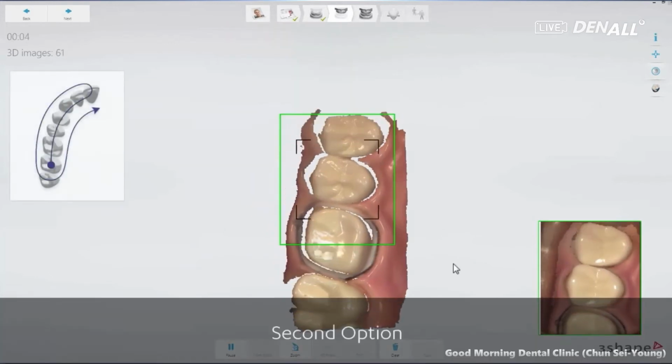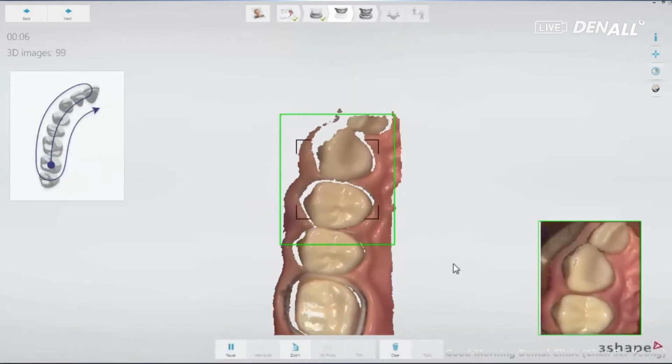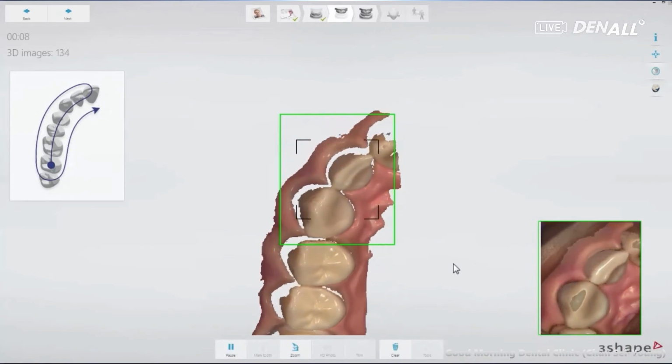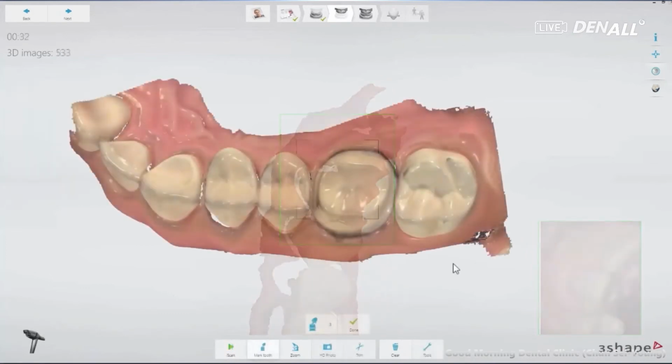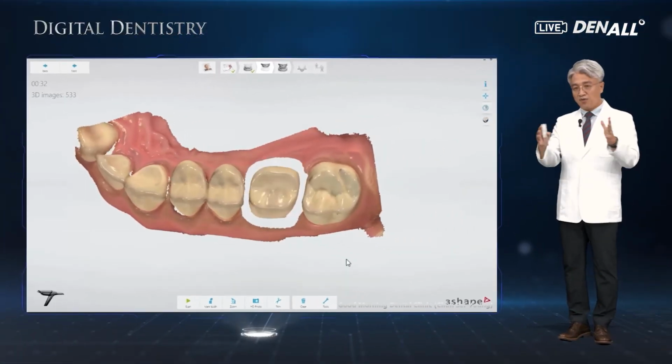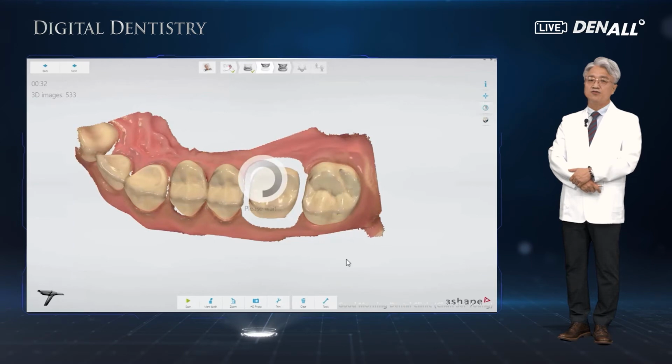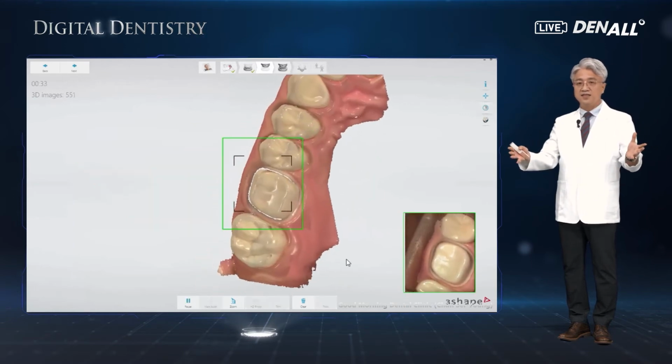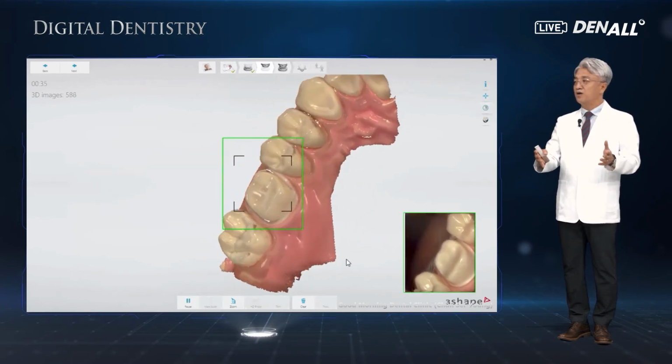The second option, gingiva packing, is done. The whole quadrant scanning is done first. The precise margin or contact area with the adjacent teeth or missing is trimmed or deleted, and it is scanned again after moisture control or gingiva cord packing.